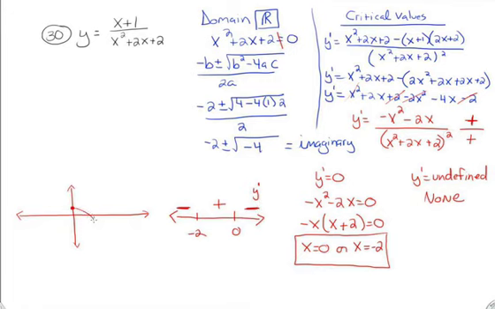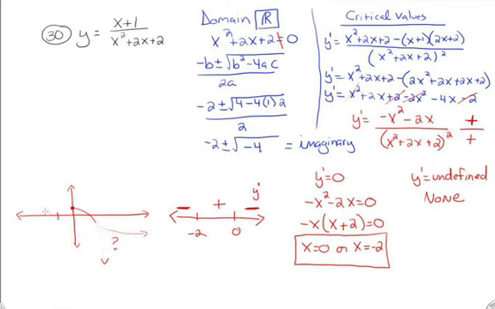The question is, do I go down dramatically and head to negative infinity, or do I head off to some sort of horizontal asymptote? That's still to be figured out. I also know that as I leave 0 on the other side, my slopes are positive, which means I'm coming up towards it.